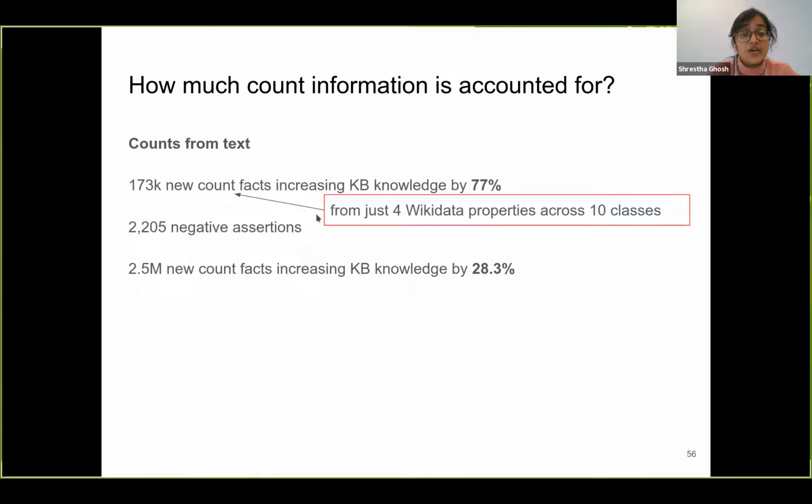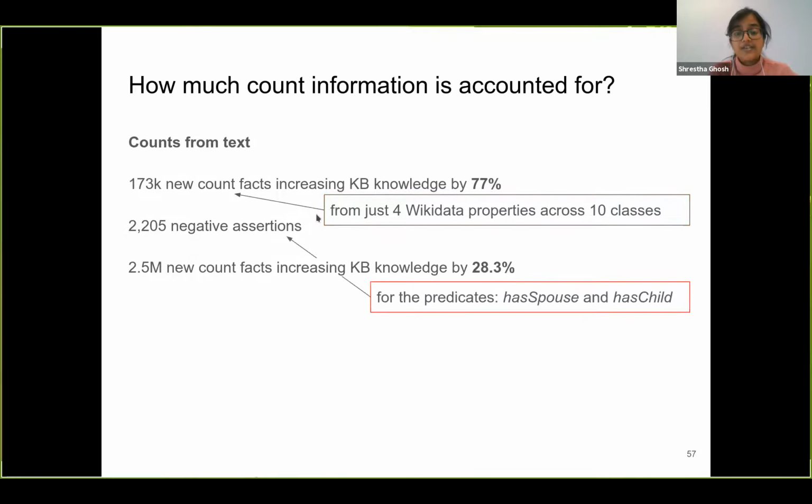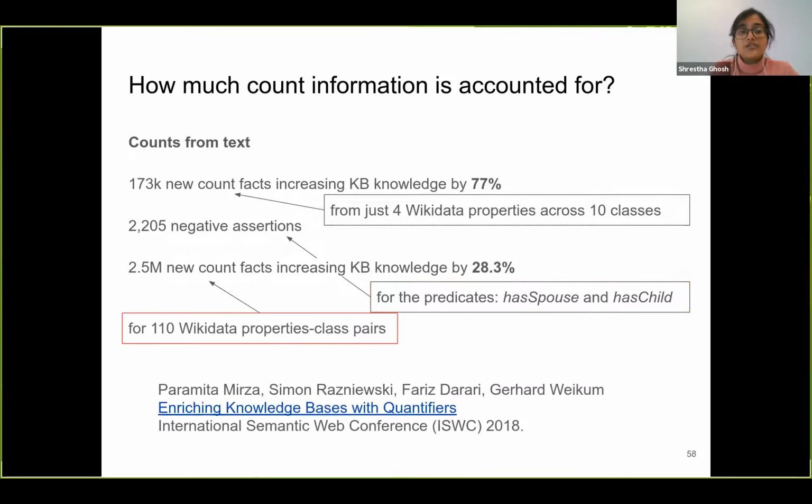There were 2,000 negative assertions made for the 2 relations that we looked into, has spouse and has child. And 2.5 million new facts were extracted in total from these counting predicates.